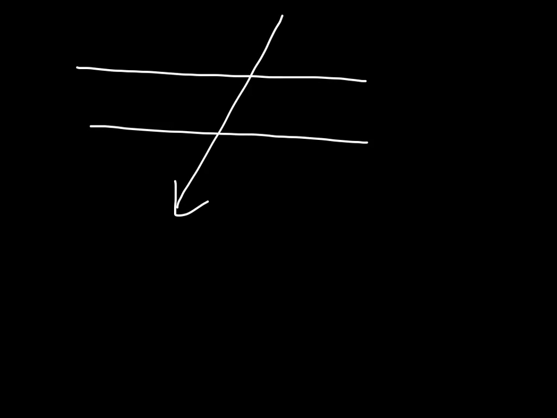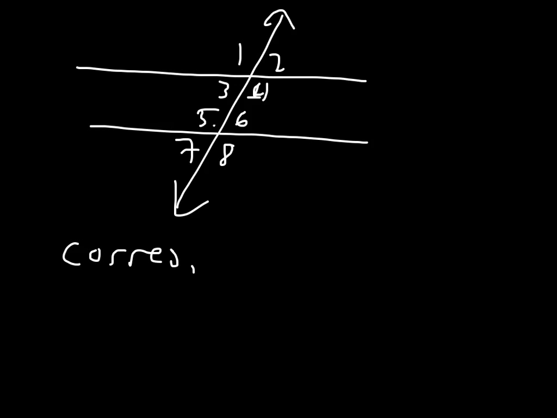The bigger part of this lesson is if we have two lines and a transversal. We have three very important types of angles which are formed. We have corresponding angles. They're angles in the same relative position to the two lines and the transversal.